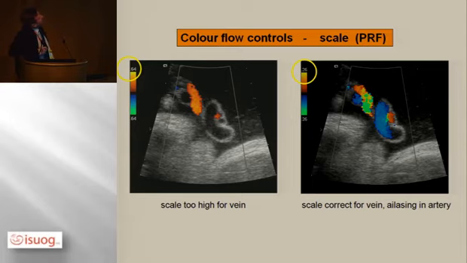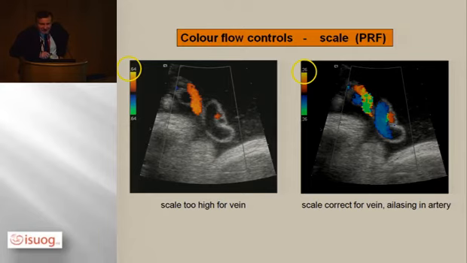Here we have a velocity scale of 64. Now at 64, you're seeing very good arterial waveforms, and it appears that there's no flow in this bigger vessel next to the artery. But of course there is flow, and when we reduce the scale, you can see both the artery and the vein.